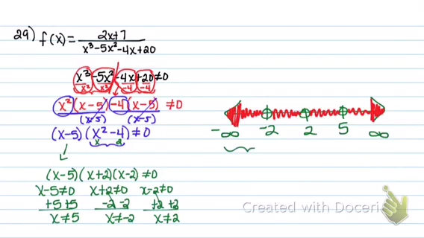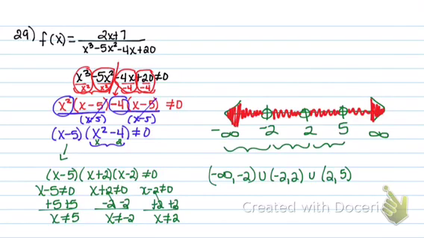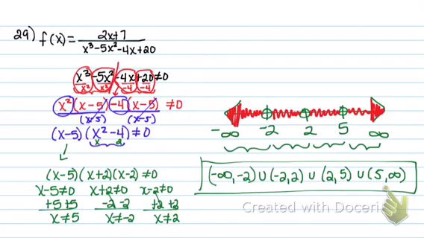So my first interval is right there from negative infinity to negative 2. And then we have from negative 2 to 2. And we got 2 to 5. And then we got 5 to infinity. And so there is our domain for this problem.